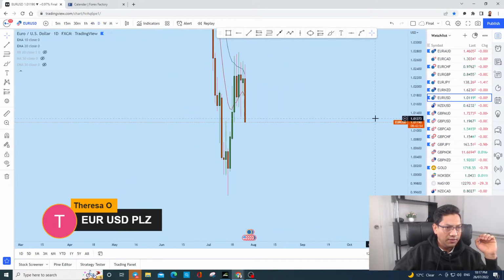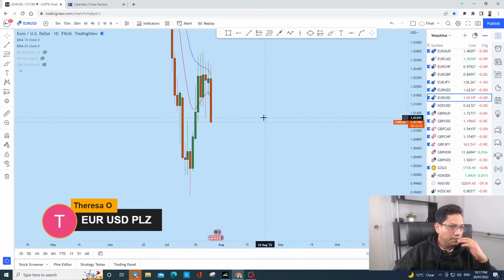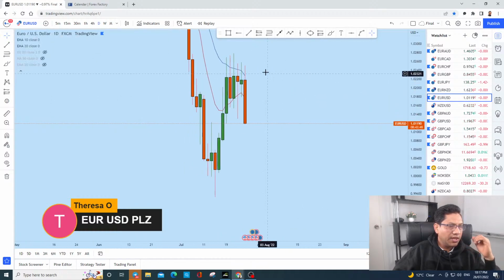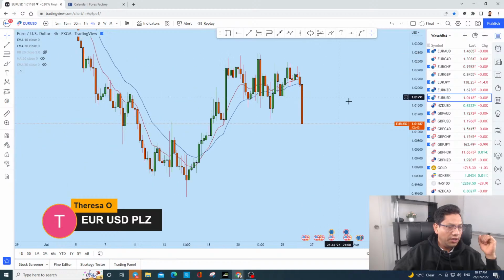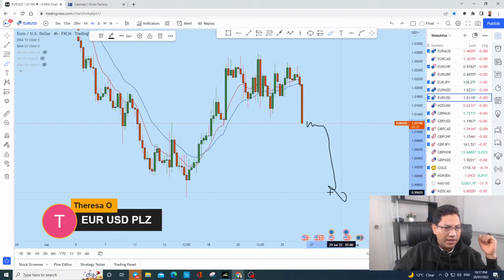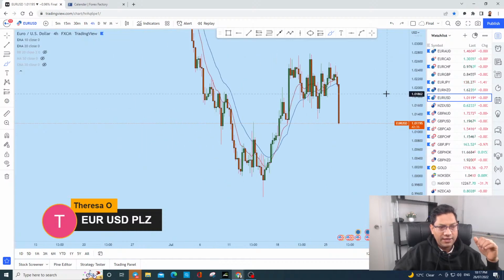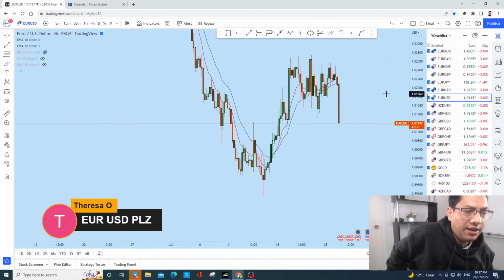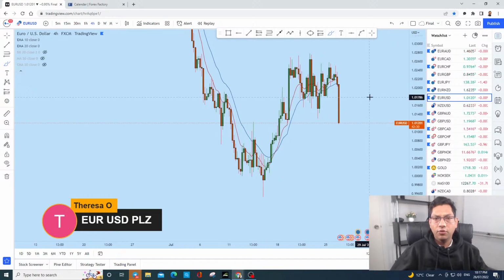Looking at the daily, if this is the case, then after a breakdown like this and a slow retracement, I will be selling Euro dollar. This is the price section that I really love to trade, a clean price section without any hesitation.